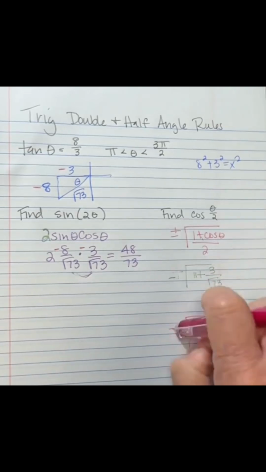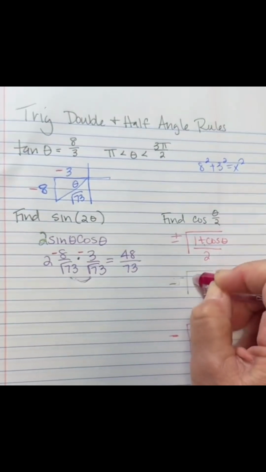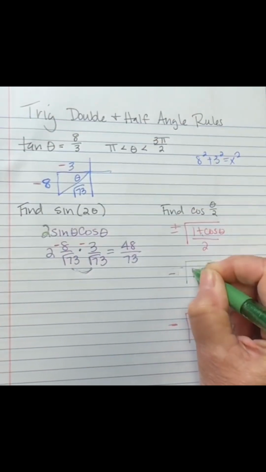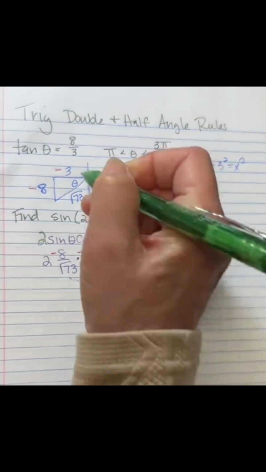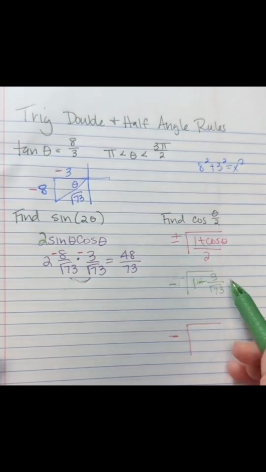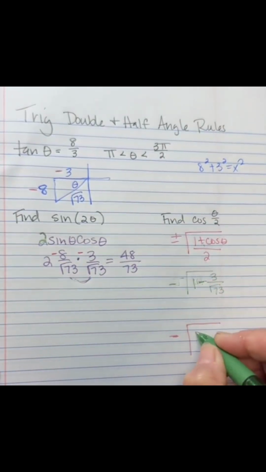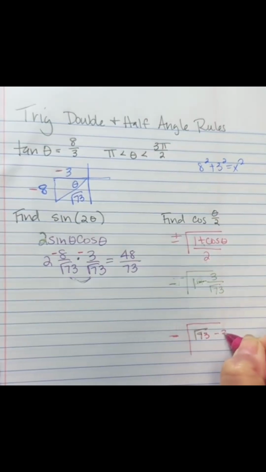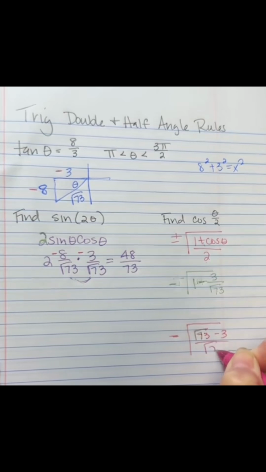So this is now instead of 1 plus 3 over square root, it's 1 minus because of this. Then we multiply the square root of 73 over here to make it a common denominator: square root of 73 minus 3 over square root of 73. I think they let you leave it like that with the minus in the front.